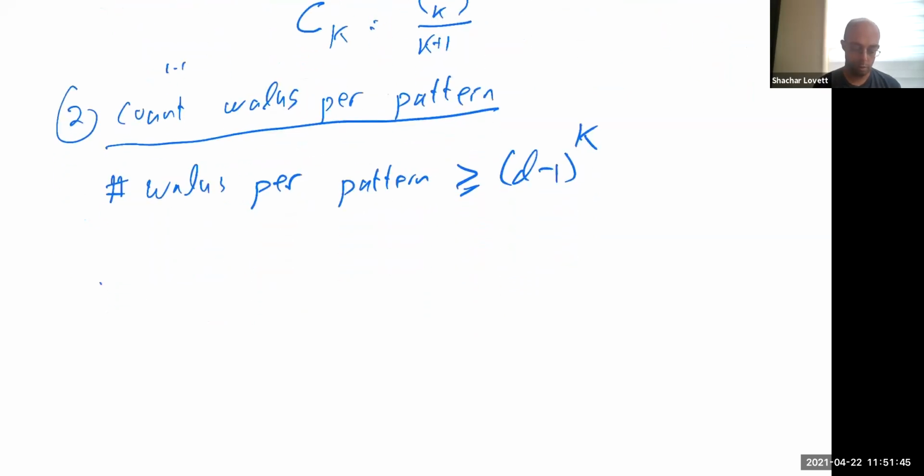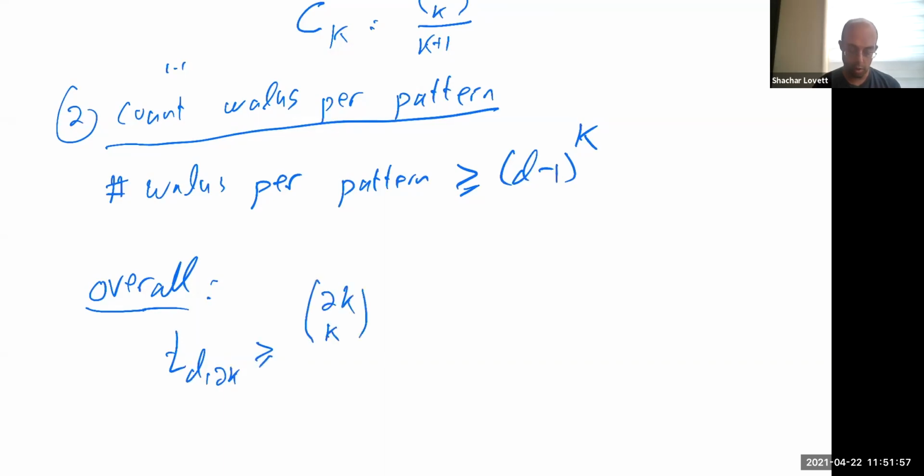So overall, we got this lower bound: T_D(2k) is at least the kth Catalan number, which equals (2k choose k) divided by (k plus 1), times (D minus 1) to the k. So this was a lower bound we proved.